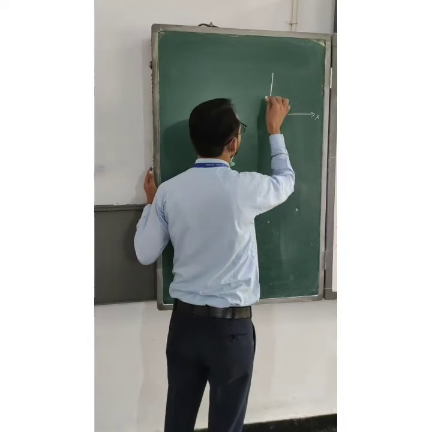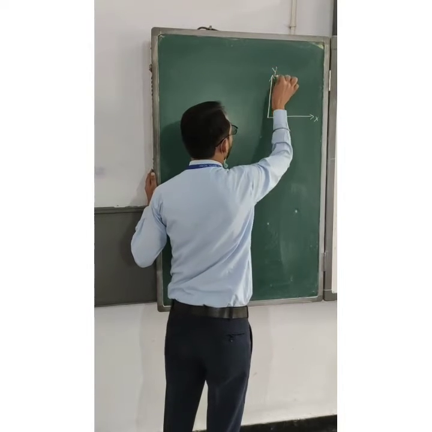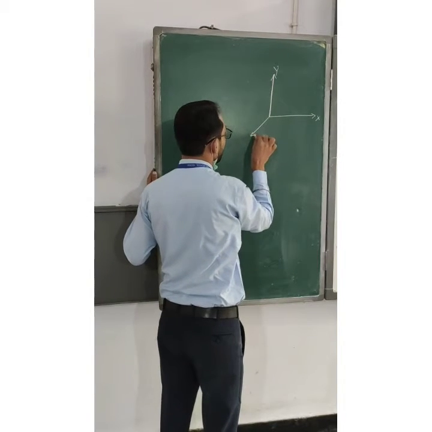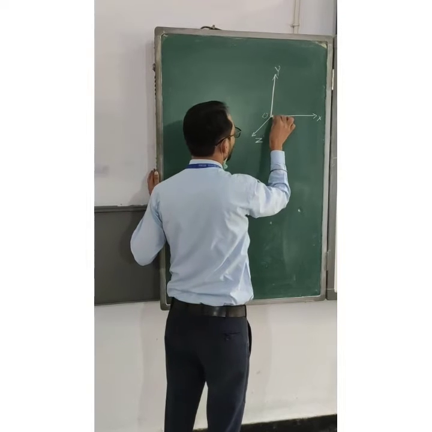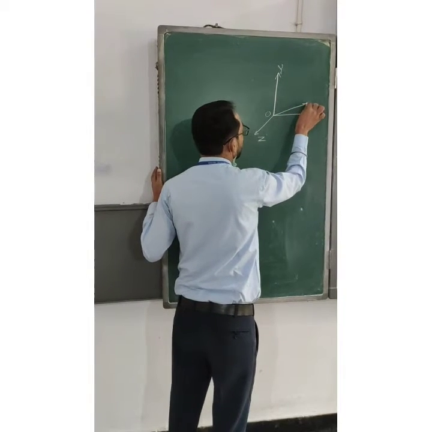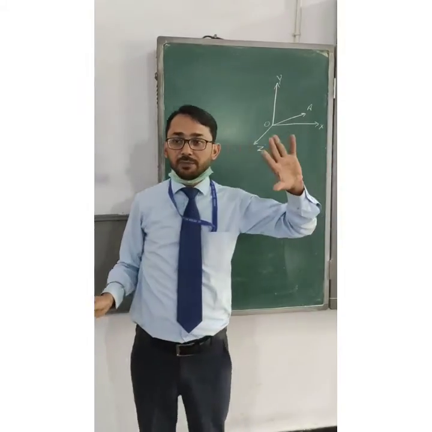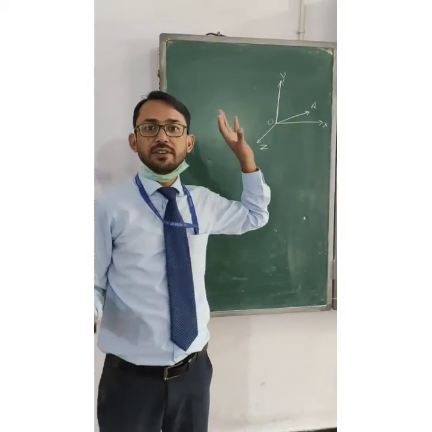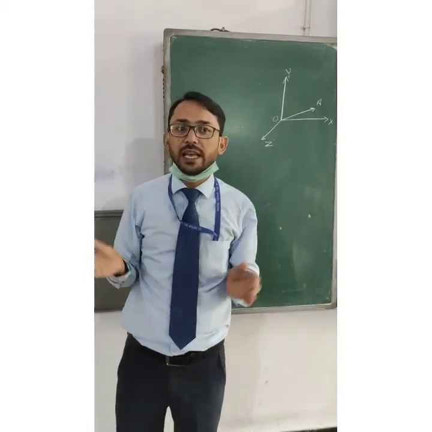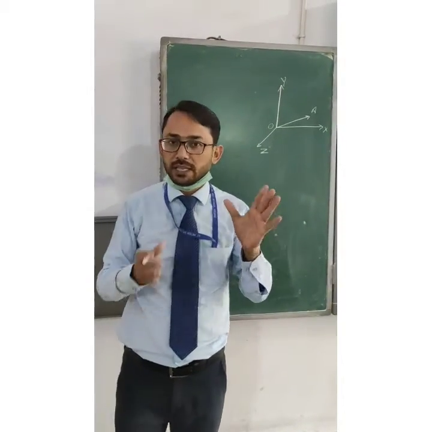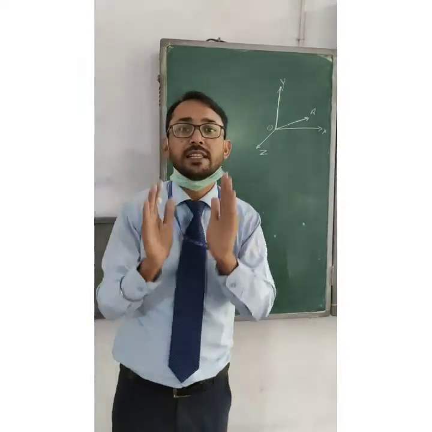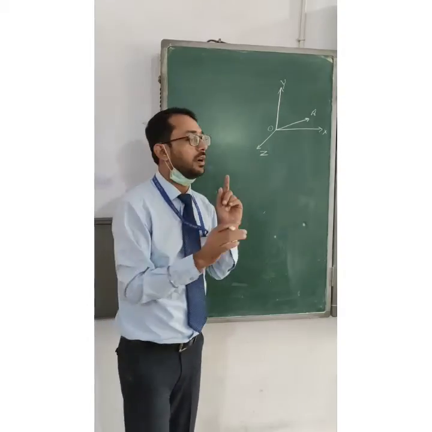It is x, y and z. O. This is the vector OA. It is three-dimensional, so diagrammatically we will not be able to show that the three angles are equal. But mathematically it is given to us that the three angles are equal.